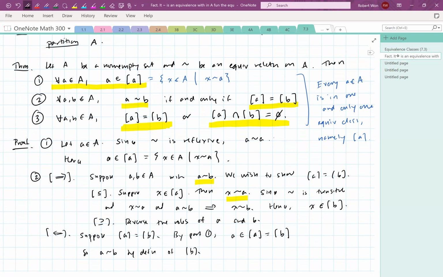Okay, and then my last example, you can take A equals 0 to 1. I can choose a natural number n, and I can let C be the following collection of half-open intervals: 0 to 1 over n, 1 over n to 2 over n, 2 over n to 3 over n, dot, dot, dot, up to n minus 1 over n to 1.